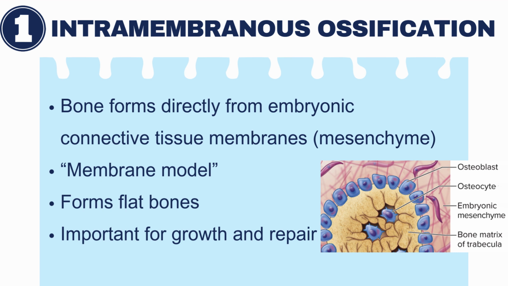This process is responsible for forming flat bones, such as the skull bones. It's also important for growth and repair of these bones throughout life. Notice that no cartilage is used here. Bone forms directly from embryonic membranes, which is why it's called intramembranous, meaning within the membrane.